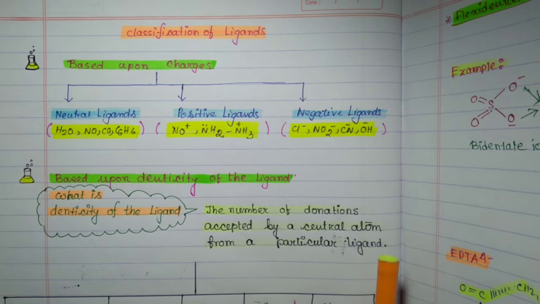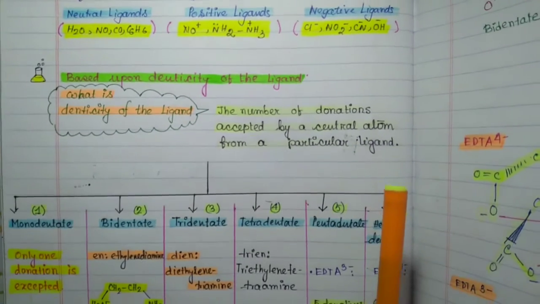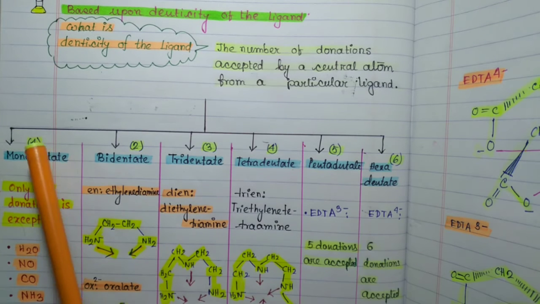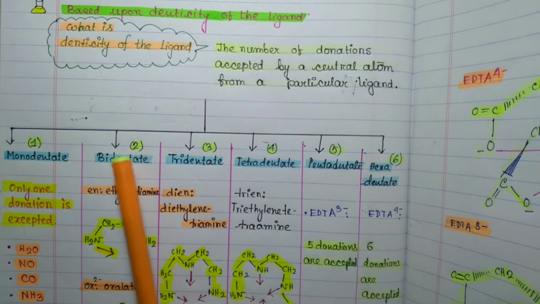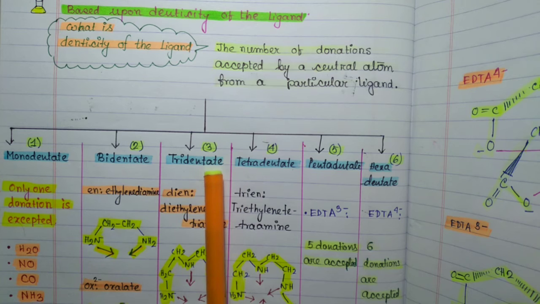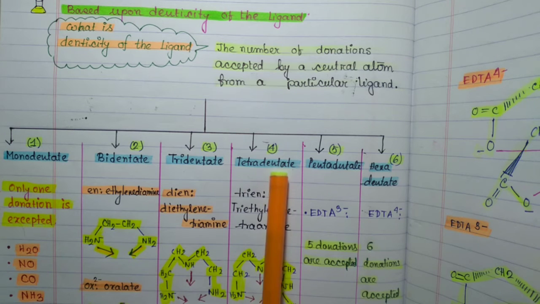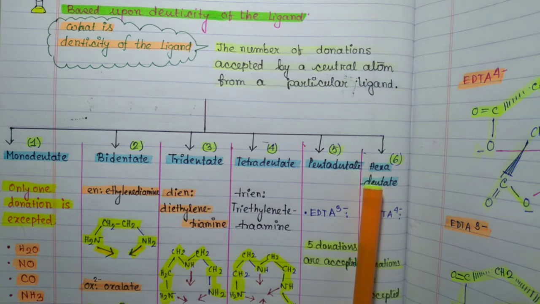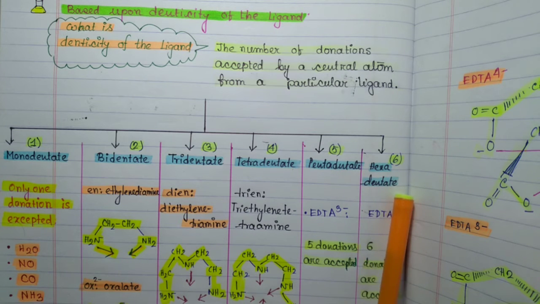The types are: number one is monodentate ligand, second is bidentate ligand, third is tridentate ligand, fourth is tetradentate ligand, fifth is pentadentate ligand, and sixth is hexadentate ligand.